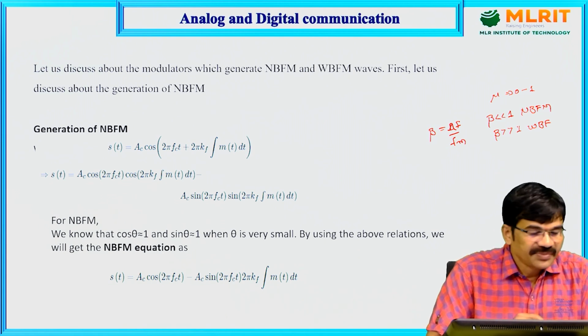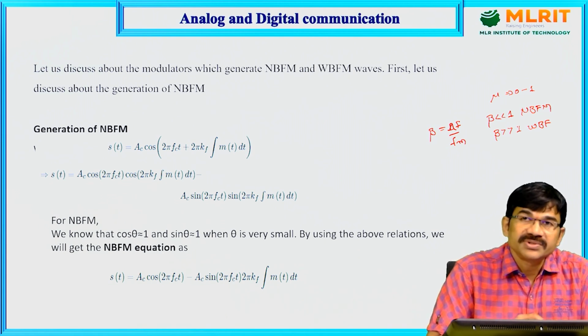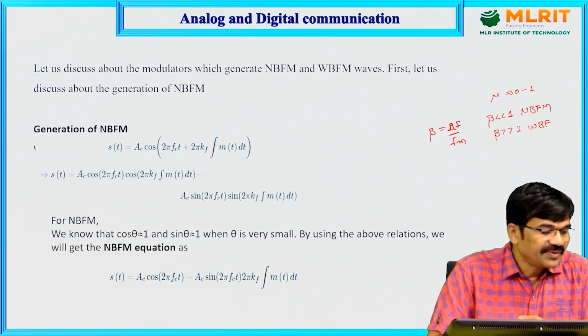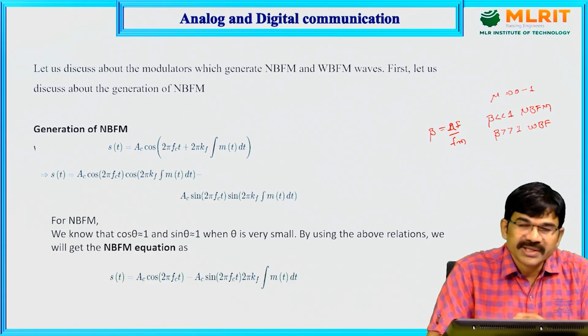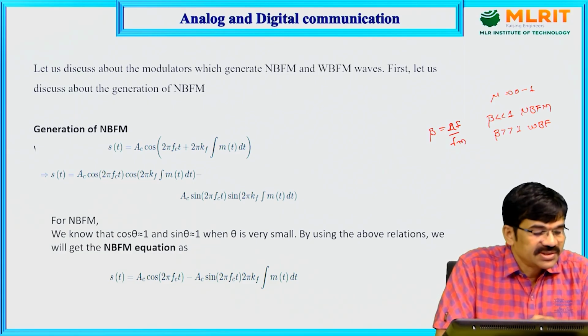Now, the generation of FM by using narrowband frequency modulation. We know the expression for FM. S of t, the modulated wave, is equal to Ac cos(2 pi fc t plus 2 pi kf integral m of t dt).